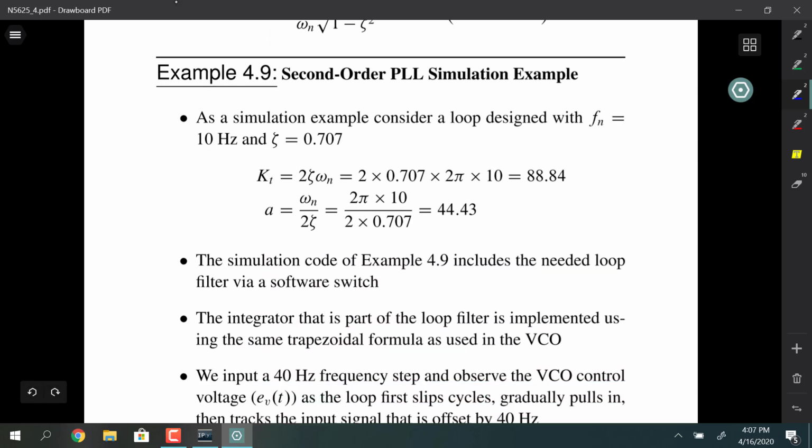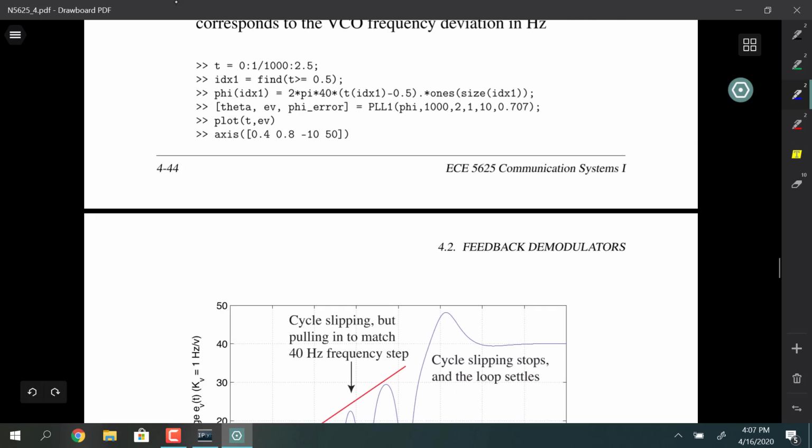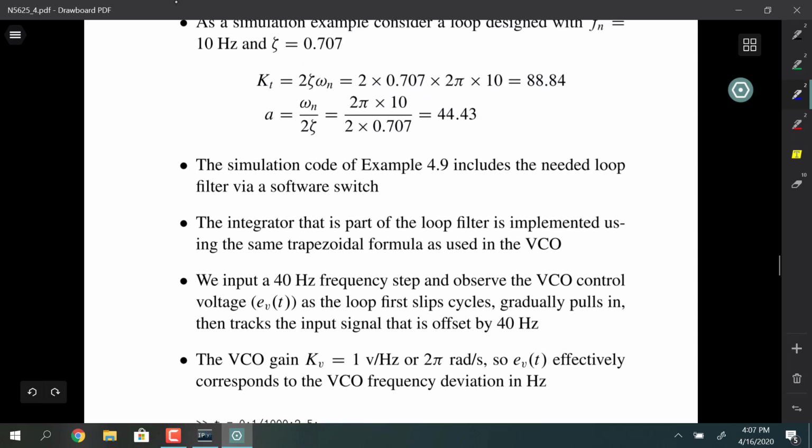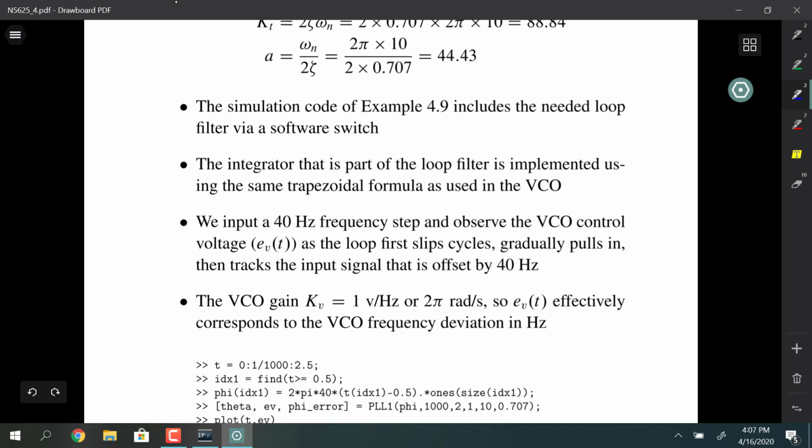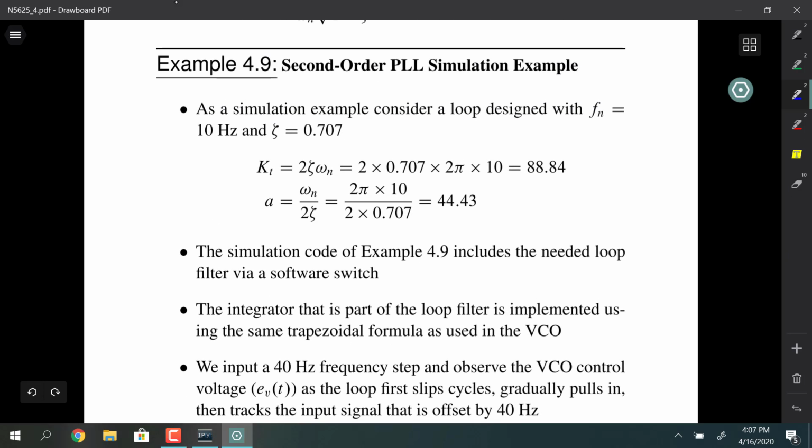So now we're going to look at a simulation in Python. I'm pretty sure I have it in MATLAB in here, but the Python one is the one I can play with. In this simulation, we're going to go through the synthesis equations.